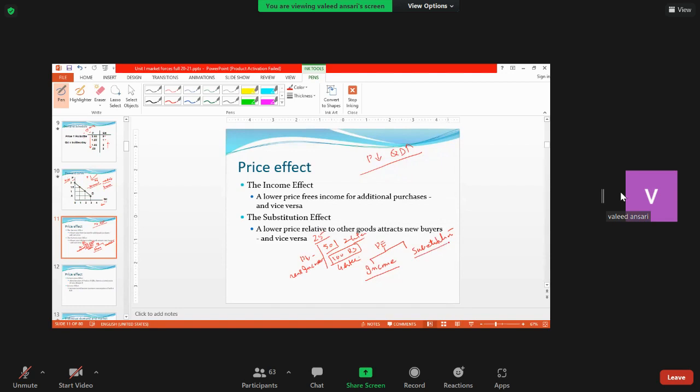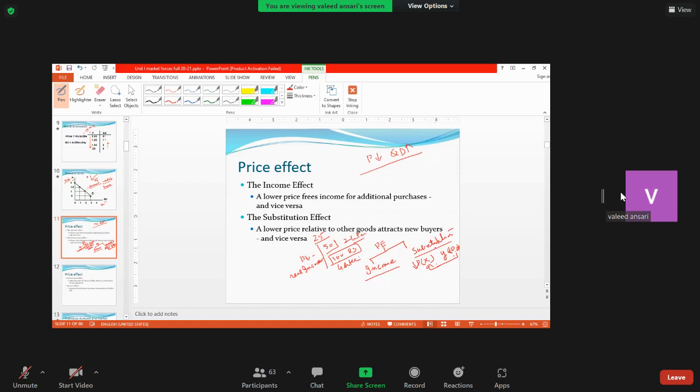Second, there are products which are substitutes, let us say X and Y, which can be used in place of each other. If the price of one product, let us say X, falls, and assuming that the price of the other product remains the same, some of the consumers of product Y can switch over to product X. This is called the substitution effect.